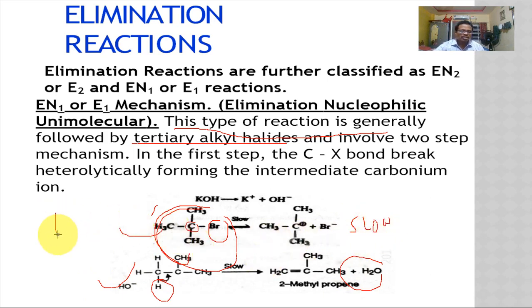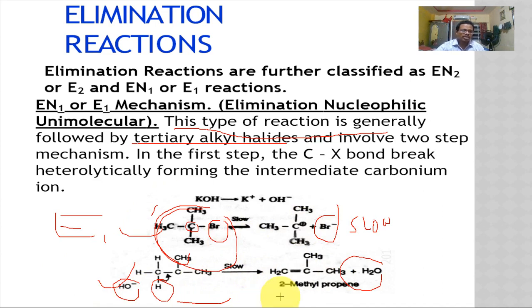That is why this is E1, elimination of a nucleophile. Here the nucleophiles are OH minus and also Br minus. The Br minus elimination happens in only one slow, rate determining step. This is called E1, or elimination nucleophilic unimolecular.